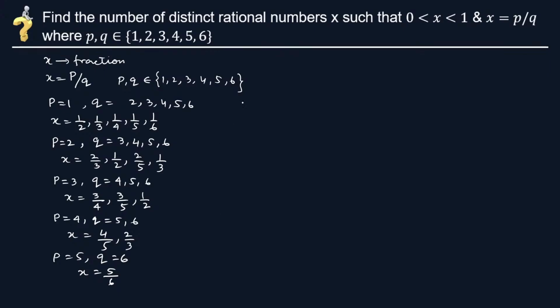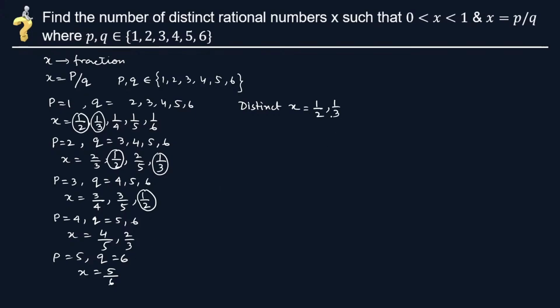Therefore, how many distinct x are so formed? Check it now. Here is half. Half is common. So I cannot take half 3 times. I will take half only one time, because all x are distinct. 1/3 we are having here, 1/3 we are having here also, and no more 1/3.